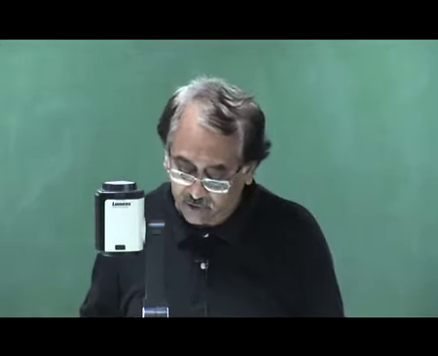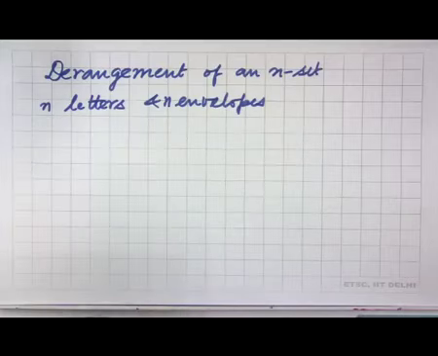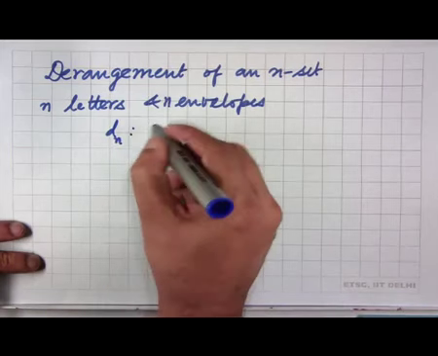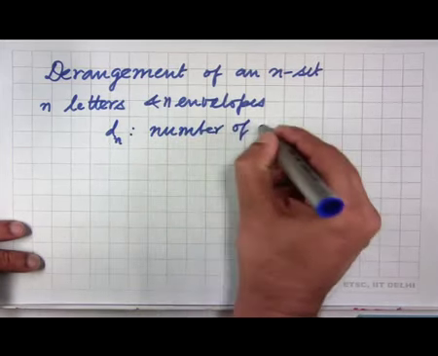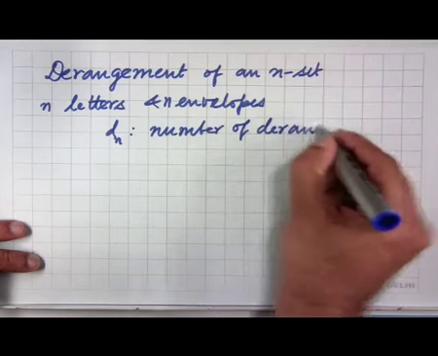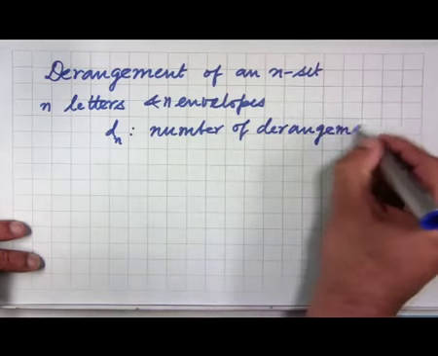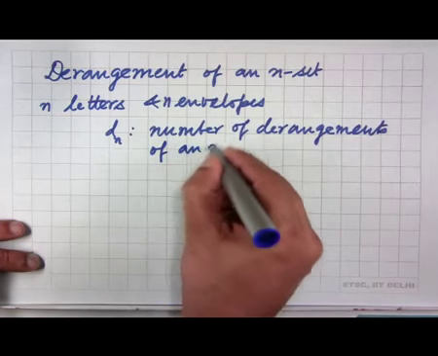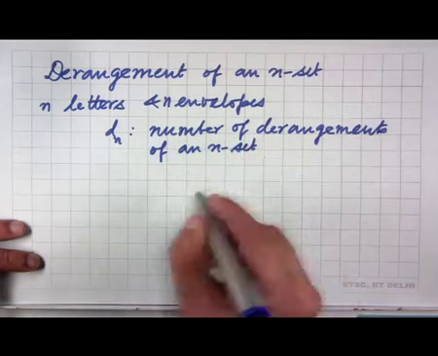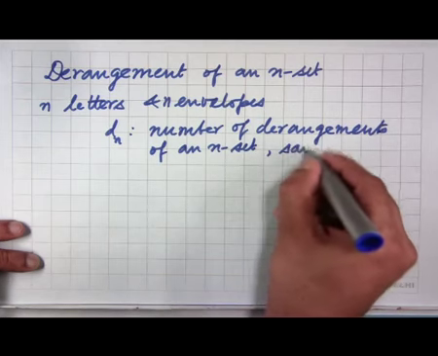Here's a little table I have of derangements. The symbol we use for derangements of an n set is just dn. So dn counts the number of derangements of an n set. We could assume that n set to be 1 to n.